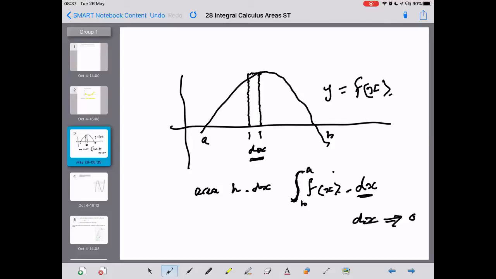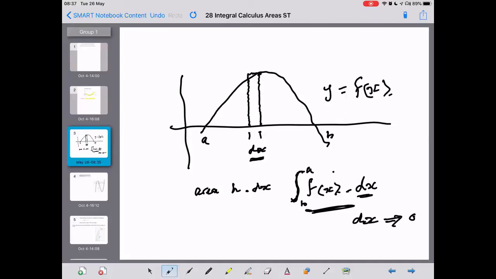So you're making the slice that you're looking at very, very thin. It's tending towards 0, and so you get a very accurate measurement of the area. If you do the integration techniques, you find the area exactly underneath that curve.